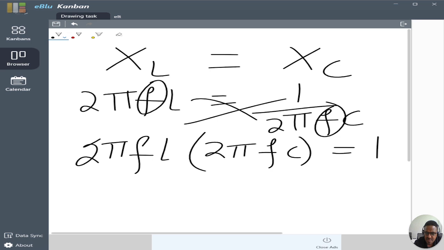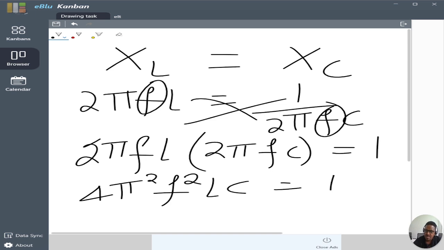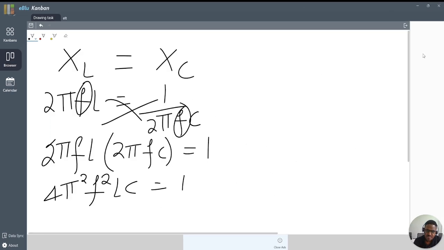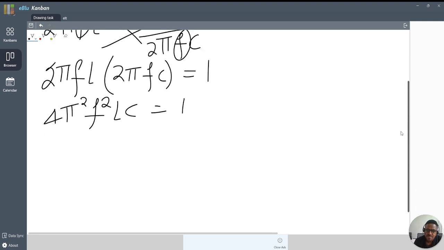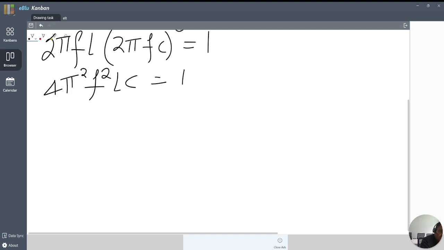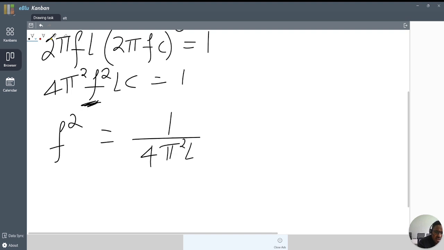So that means 4 pi square F square LC equals 1. To find the resonant frequency, let's solve for F square. F square becomes 1 over 4 pi square LC.